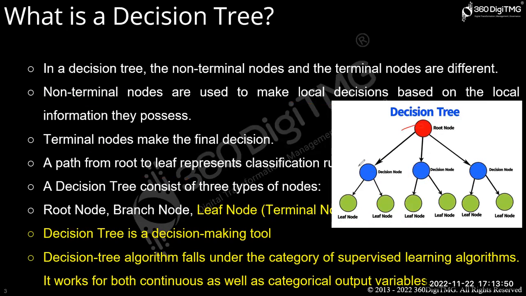So from root node to leaf node, this constitutes one rule. A decision tree consists of 3 types of nodes.